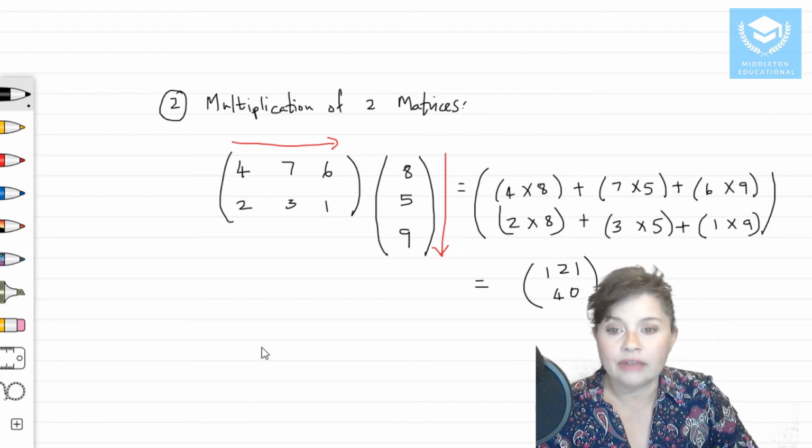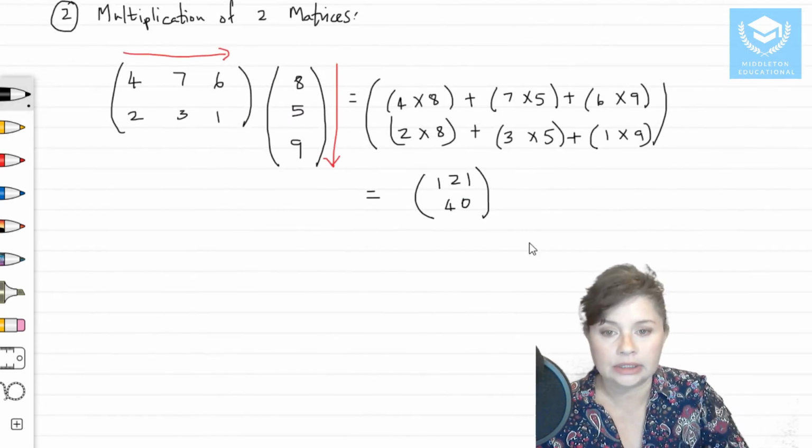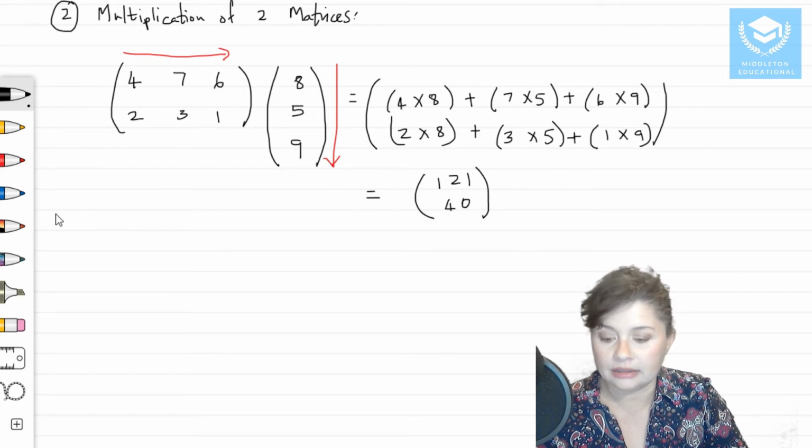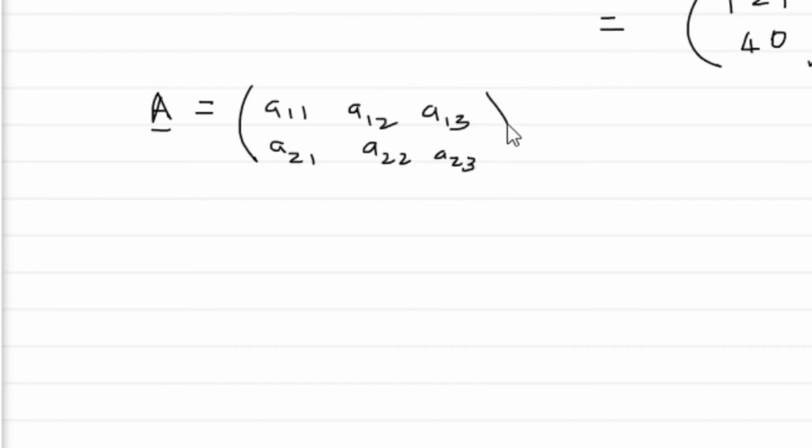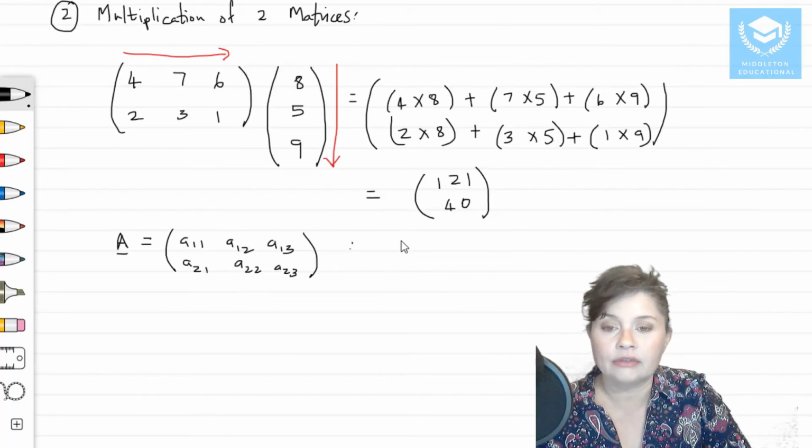If I write it in summary, say I had a matrix A with rows A11, A12, A13 and A21, A22, A23, and a vector B with entries B1, B2, B3.